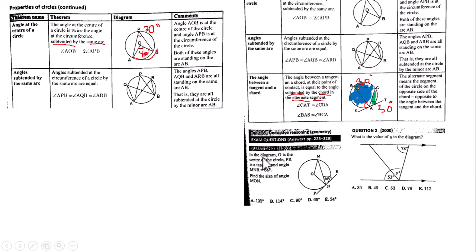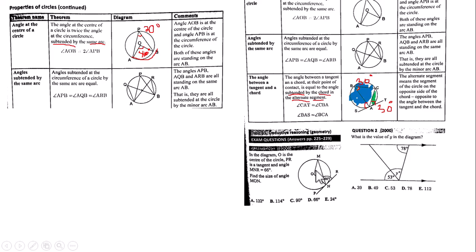It says here in the triangle, O is the center of the circle, PR is a tangent, and angle MNR, the angle formed in the middle letter, is 66 degrees, and the question is find the size of angle MON, which is this angle right here. This is the angle at the center.